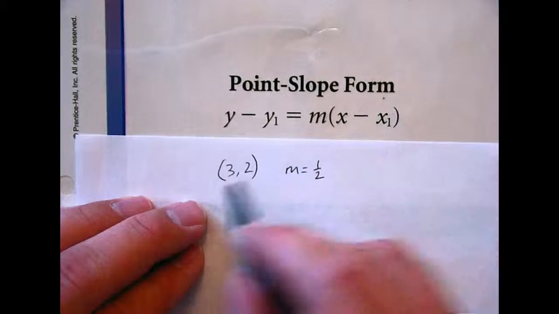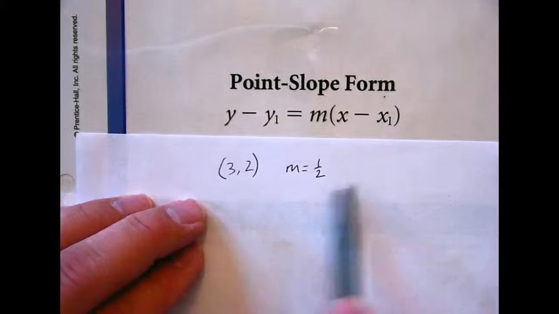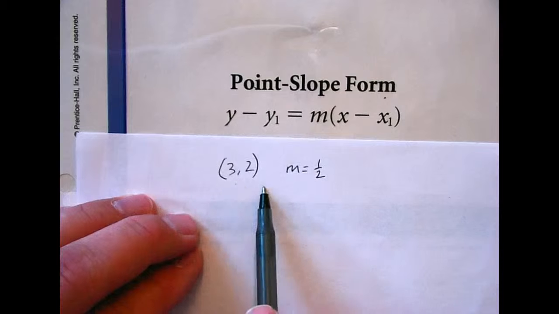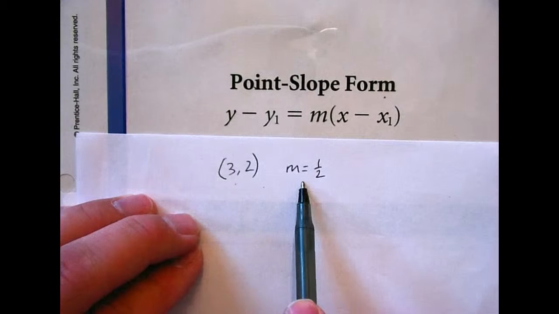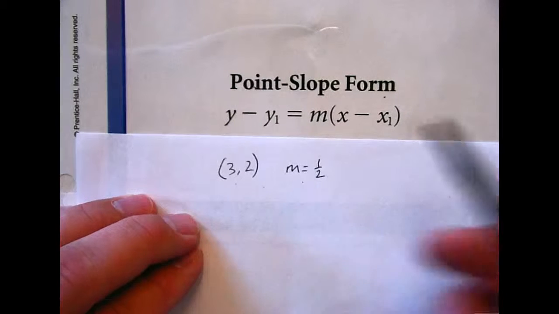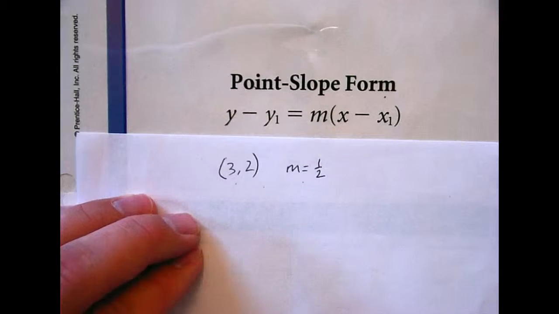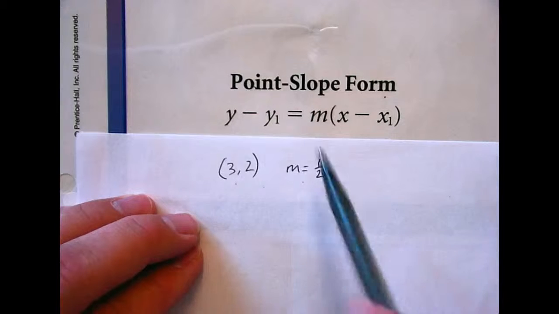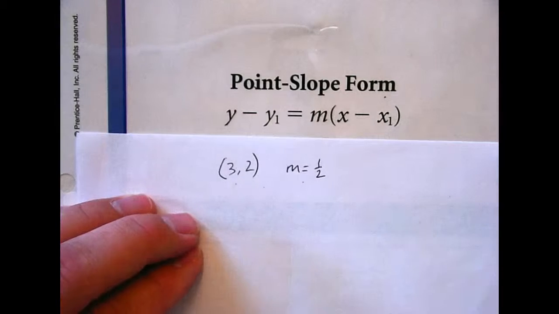It would be, hey, write the equation of the line that goes through the coordinate 3, 2 and has a slope of 1/2. We'll do that today. Okay, that's when you would want to use point-slope form. Some of you did that without using point-slope form in algebra, and we'll talk about that as well today. But I personally think it's a quick form if you know how to use it.